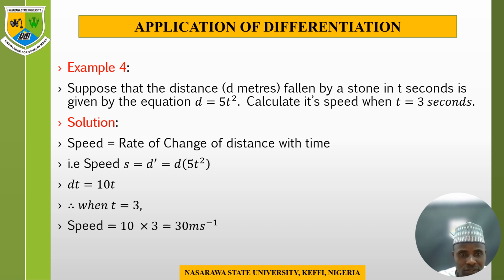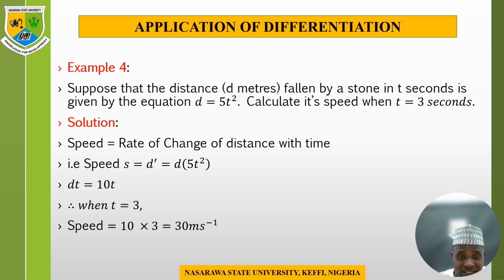So to get the solution of that now, we know that the speed equals the rate of change of distance with time. So the speed is x, and that will be equal to what? To d prime. So when you differentiate d, that is 5t squared, we now have 10t.